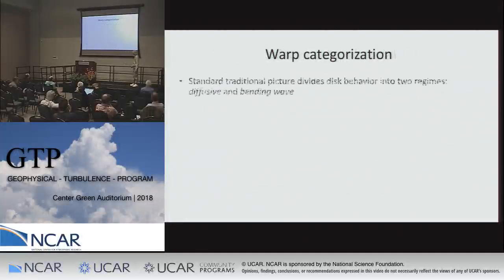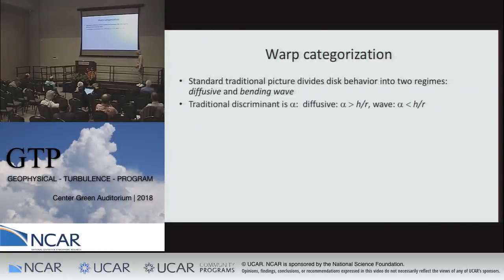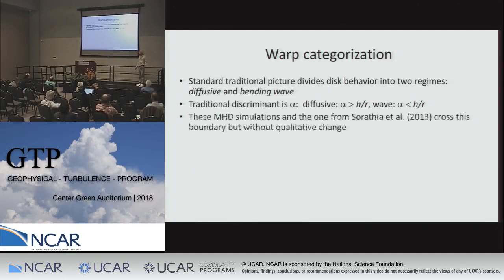Okay, so the standard traditional picture divides these behaviors into diffusive, where alpha is large, and bending wave, where alpha is small. The discriminant is whether alpha is bigger than h over r or not. But in our simulations, we didn't care either way. We spanned a range, and there was no transition between one to the other.